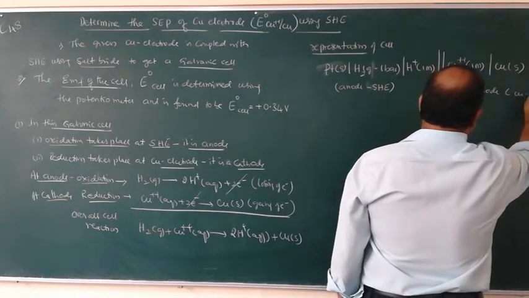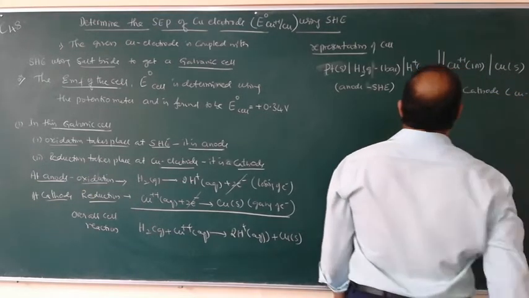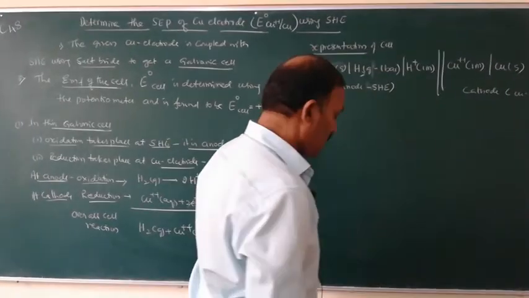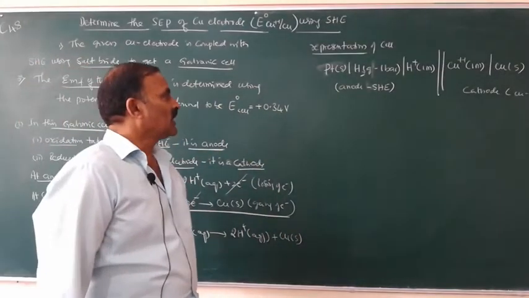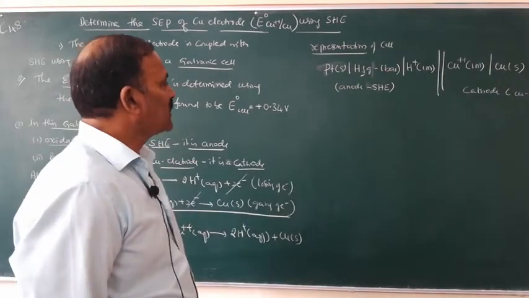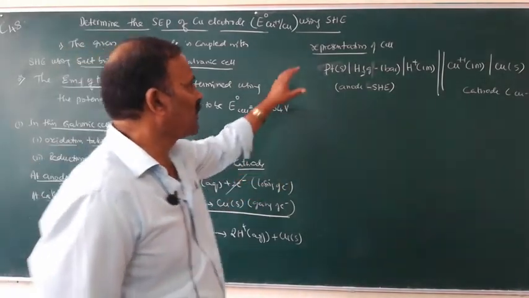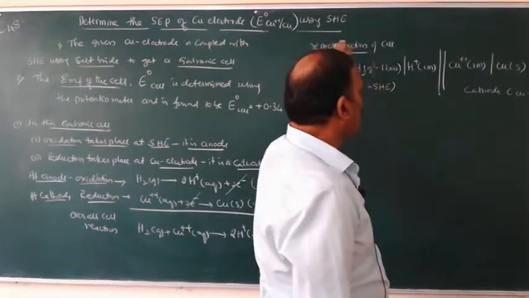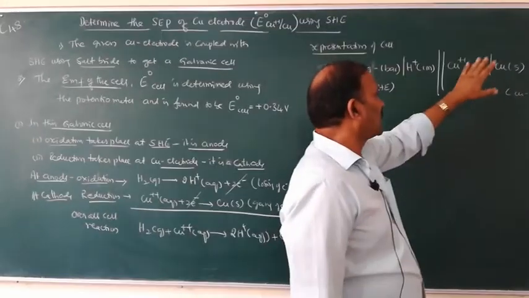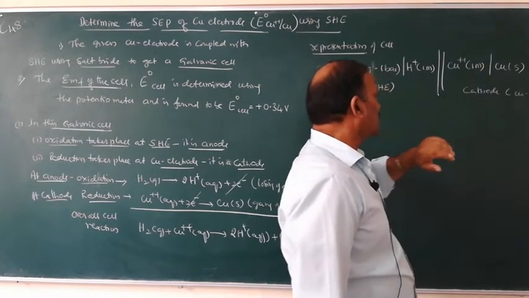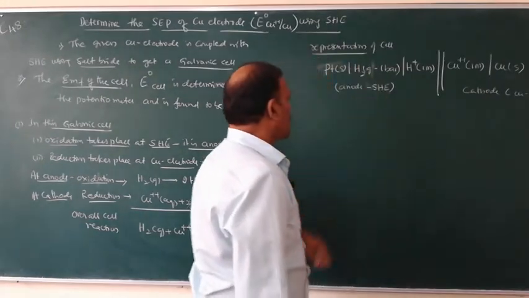This is copper electrode. So this is very important. Representation of cell is very important. The electrode where oxidation takes place is written to the left and the electrode where reduction takes place is written to the right, and right side electrode is cathode, left side electrode is anode.